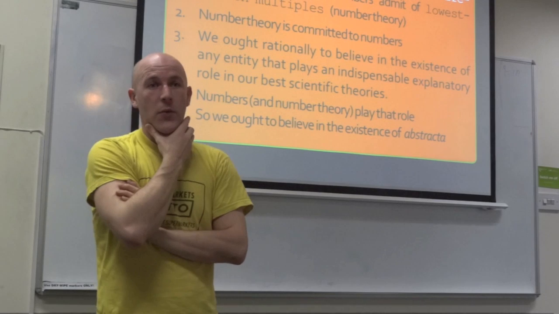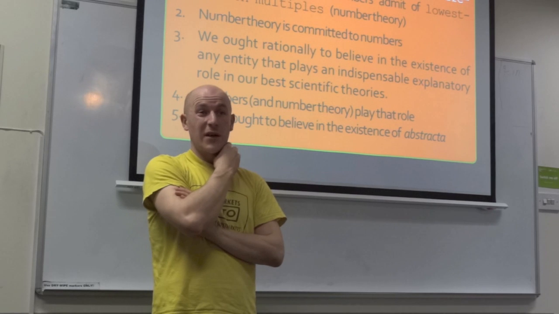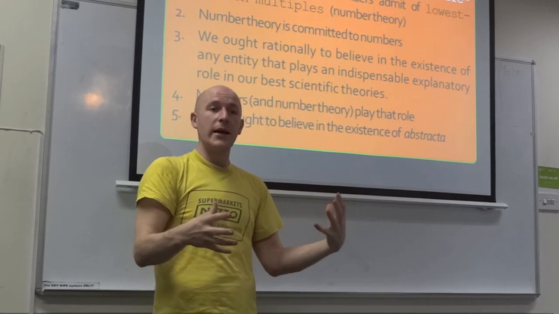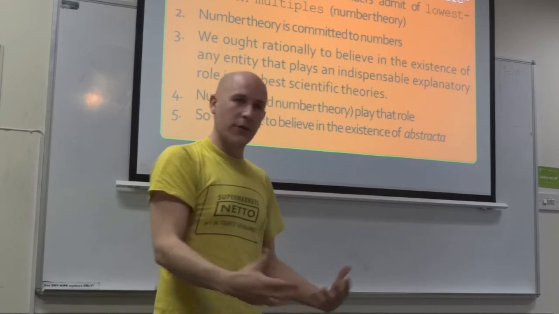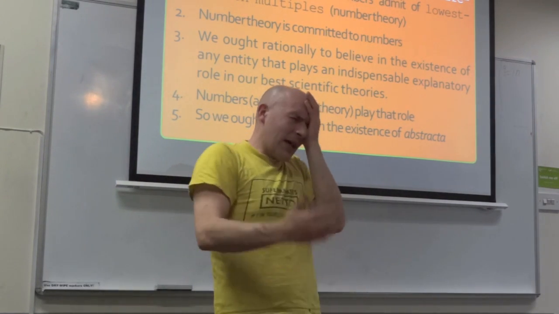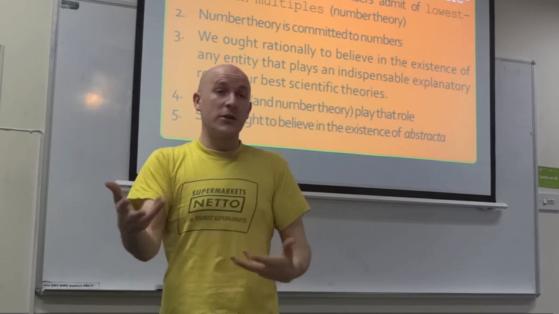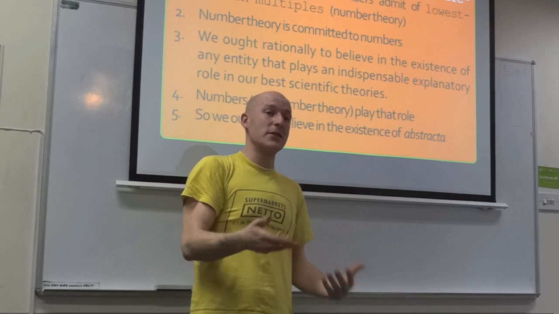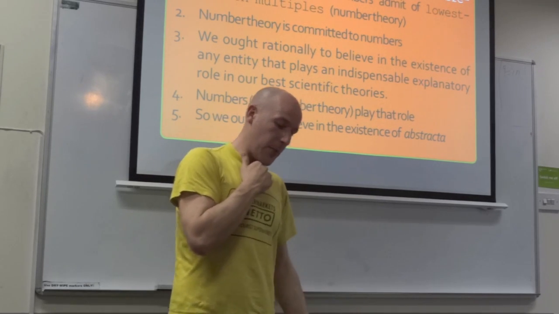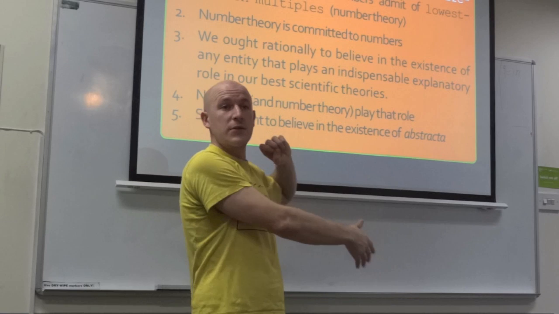One thing you might think is, if I wanted to show you that numbers existed, there could be loads of different ways I could argue for it, and some of them might be really a priori. I just sit in an armchair, do what philosophers do, and think really hard. What exists? What did Kant tell me exists? You could do that very metaphysical project of ontology. This is very different because it takes the business of science quite seriously.